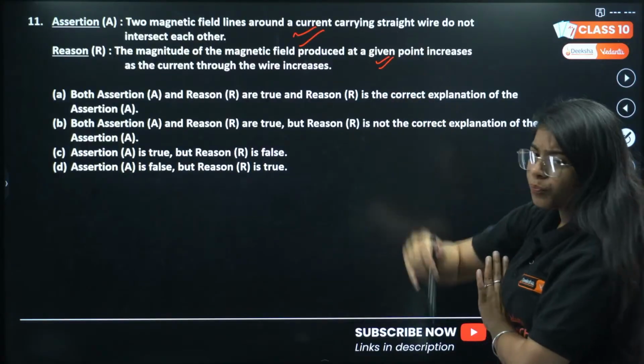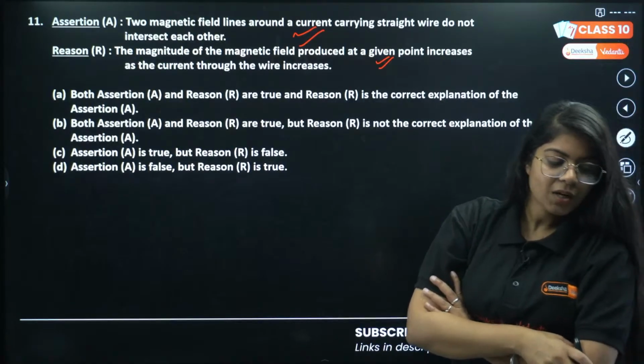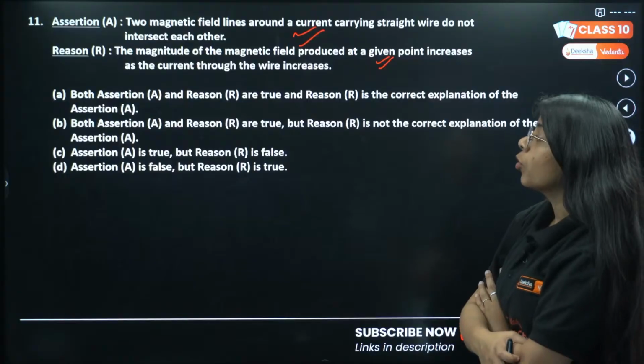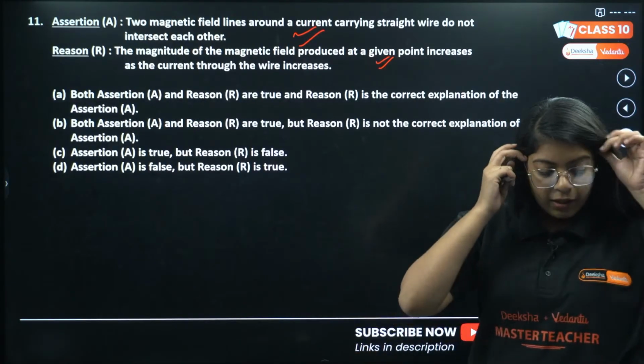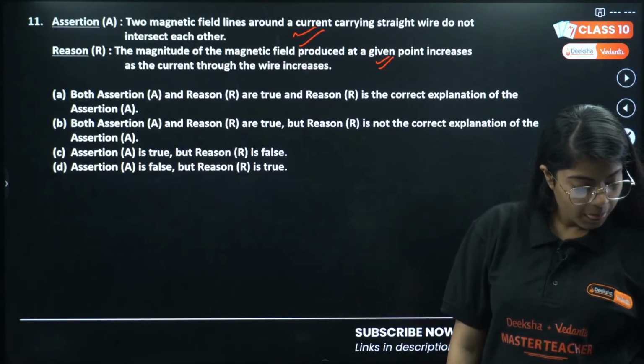This is also true. Then which will be the answer? Can you let me know? What can be the answer of this particular question? Both are correct, both are not correct, are they correct explanation or not? Let me know in the live chat.